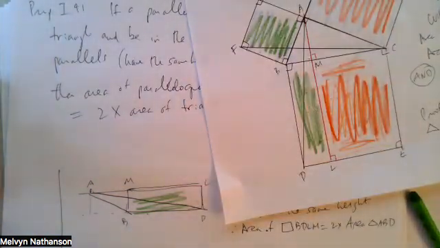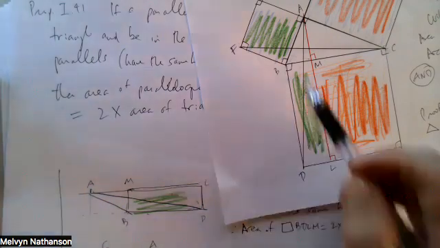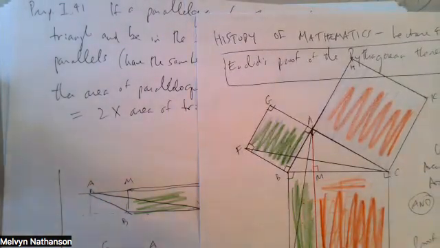So this is F, B, A, G. That's the second green square.